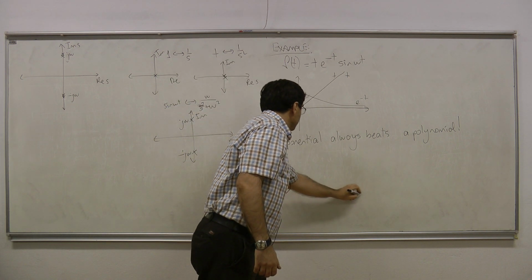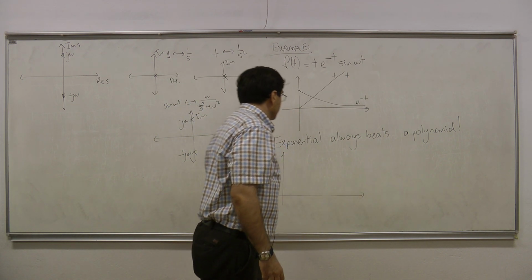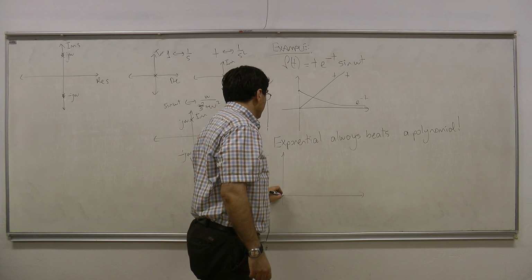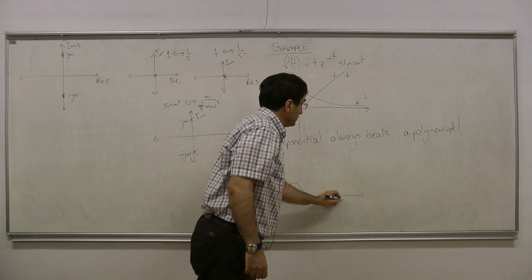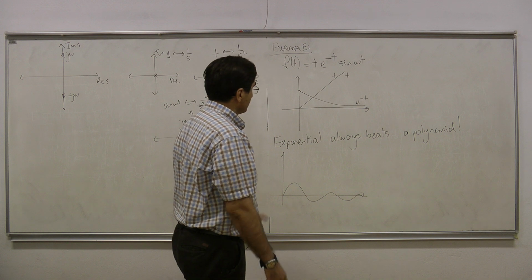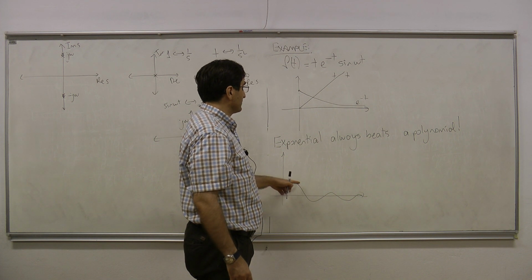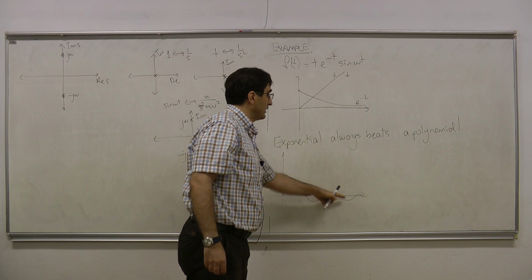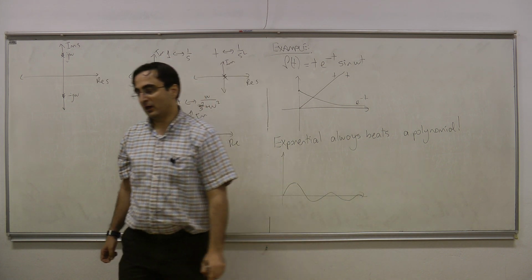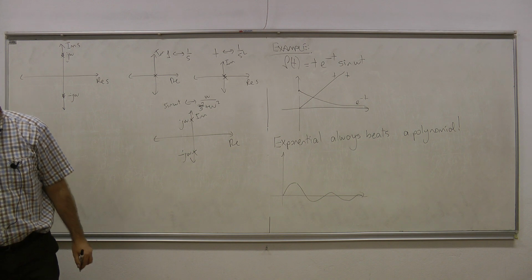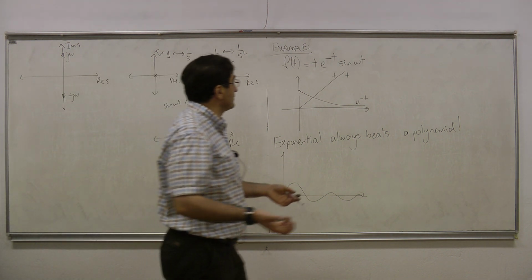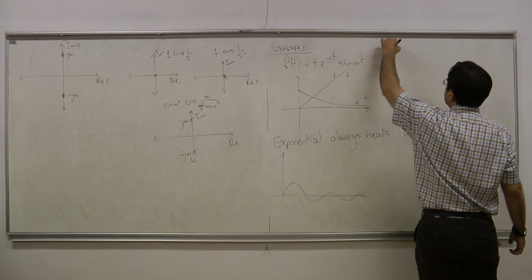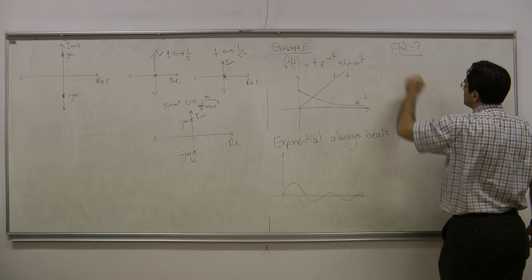So if I just try to draw this function, it's going to be very, very similar to something like this. It is first going to have some increasing amplitudes, but then it's going to have decaying amplitudes. So now the question is, what is the Laplace transform of this? What is f of s?